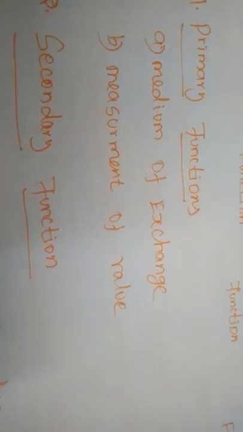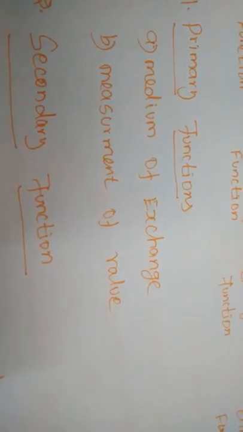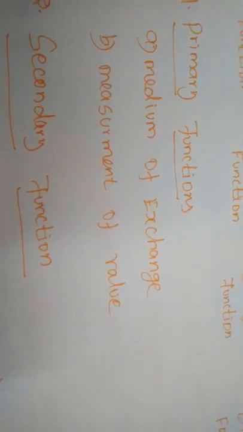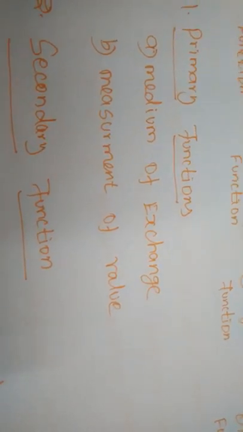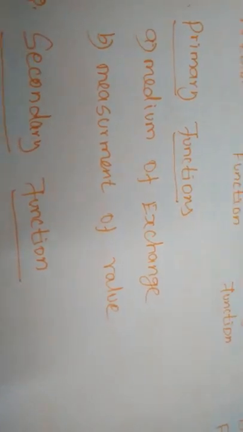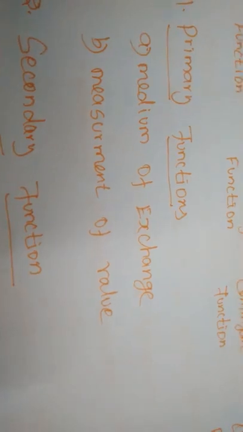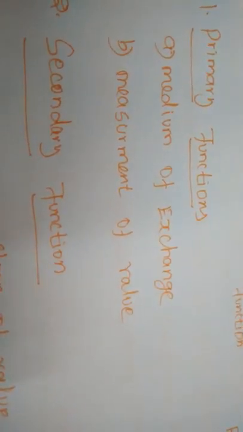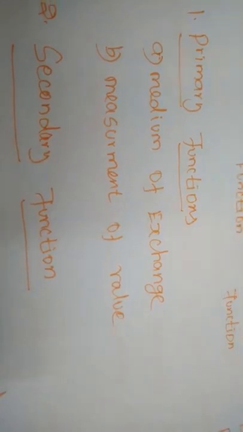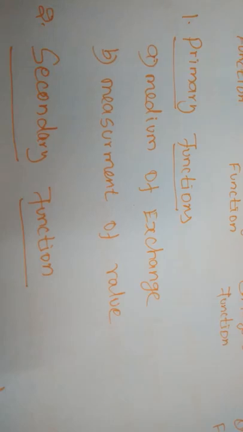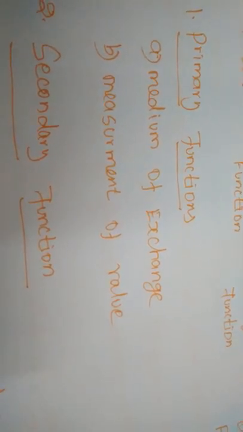I told you, 1 gram of gold has some value, that is, 1 gram of gold is 5,000 rupees. The value of 1 gram of gold is measured in the form of money, 5,000 rupees. Like that, all commodities have some value, and that value has been measured by money.